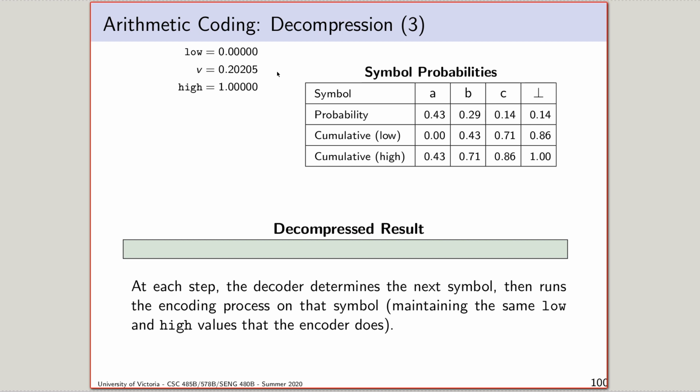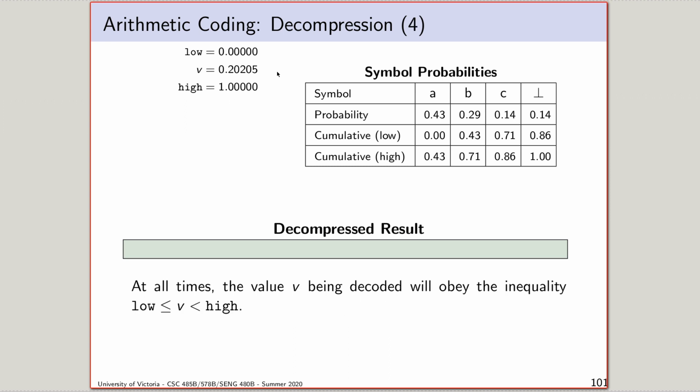And at each step, it takes that value V and figures out where it lies in the probability window. So it scales the probability table to lie between low and high and then figures out where V lies within that window. Here it's obvious because the window is just 0 to 1. So V is the character A.